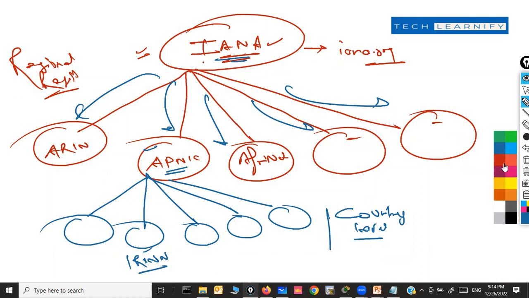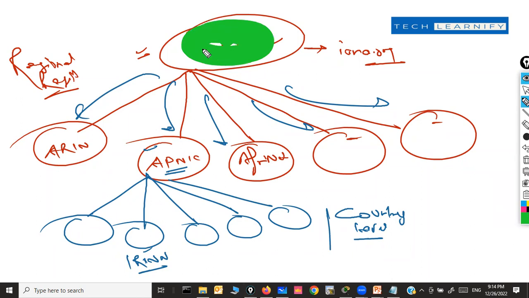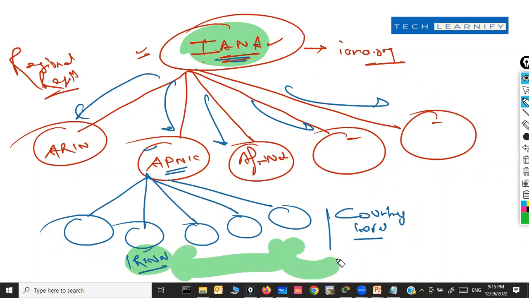I cannot do that. If I'm in India, I'll approach my country's internet authority, like IRINN, or maybe a local internet service provider, because just beneath IRINN there are local service providers. It's a complete structure.